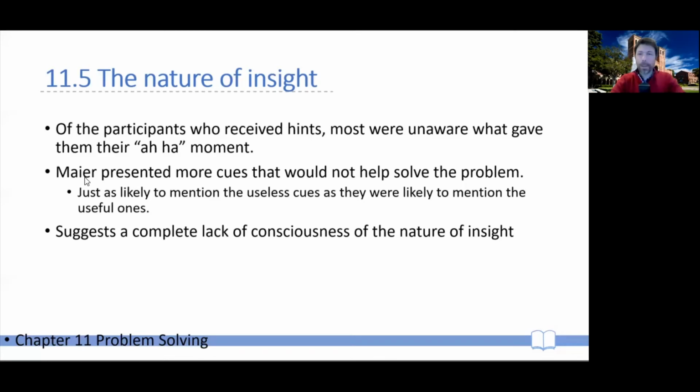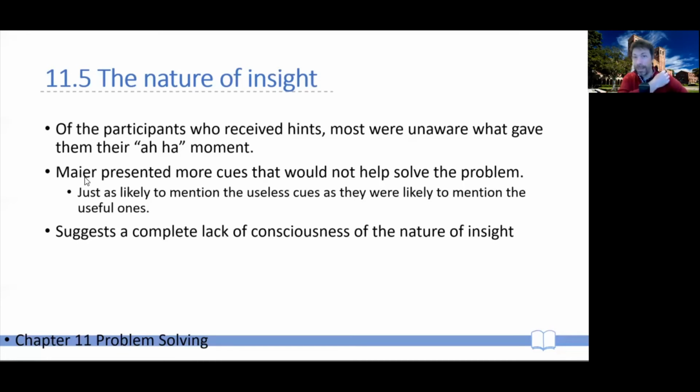In fact, Mayer even offered additional cues that were uninformative. There were additional things that might have been construed as cues, but in fact didn't help solve the problem. It turns out that when participants were asked how they got to the solution, they would report using these unhelpful cues just as often as using the helpful cues.